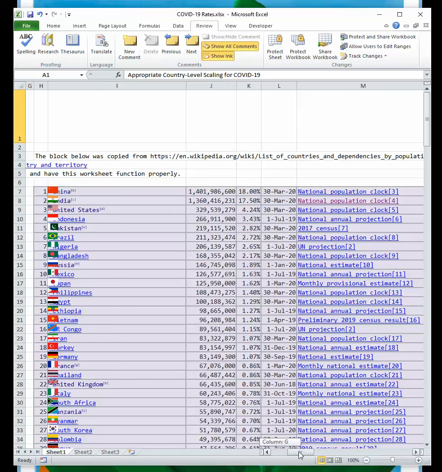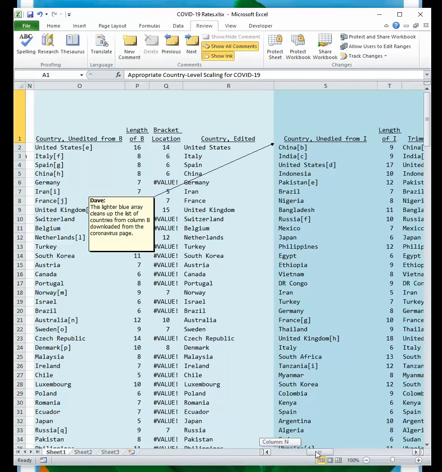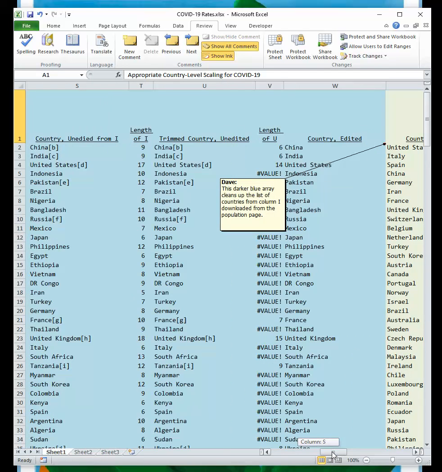So here's what I did off to the right. In this pale blue box here, I cleaned up the names of all the countries from what we see over on the left to what's over on the right. In the darker blue box over here, I did the same thing for the names used for the population data and ended up with a cleaned up list.